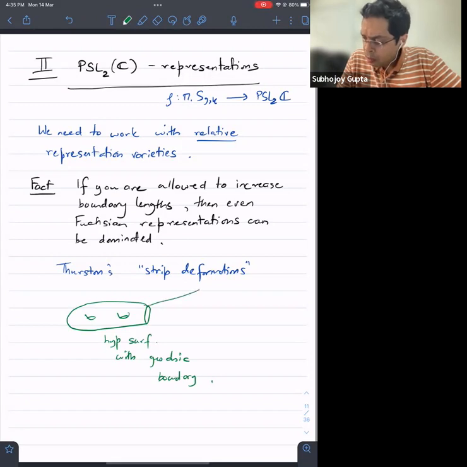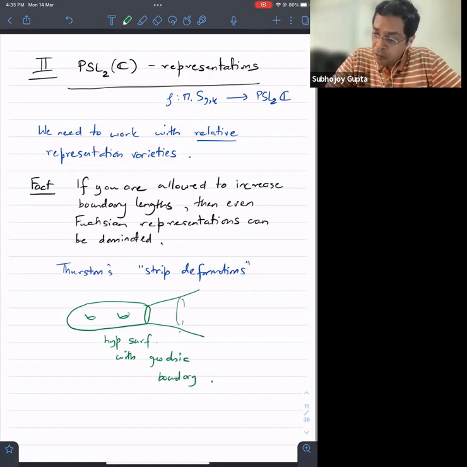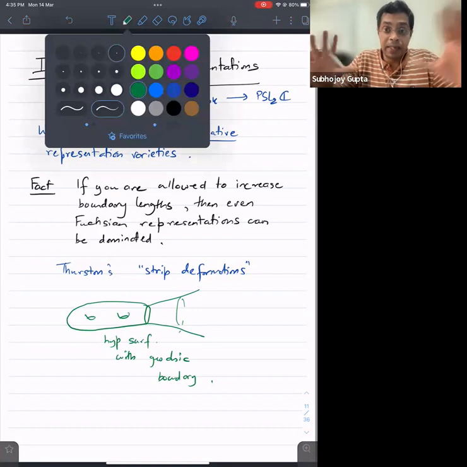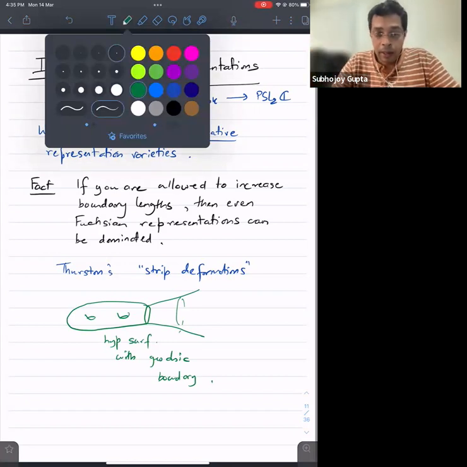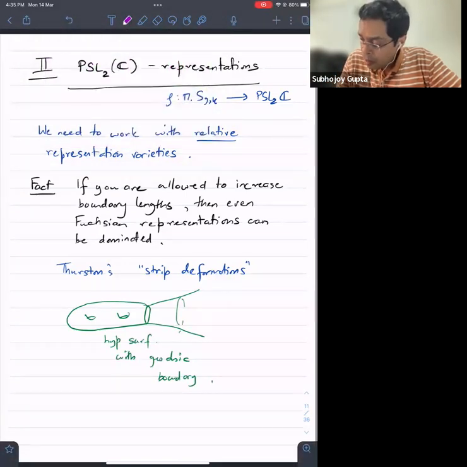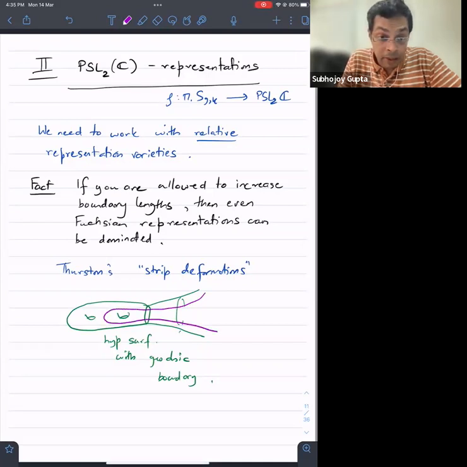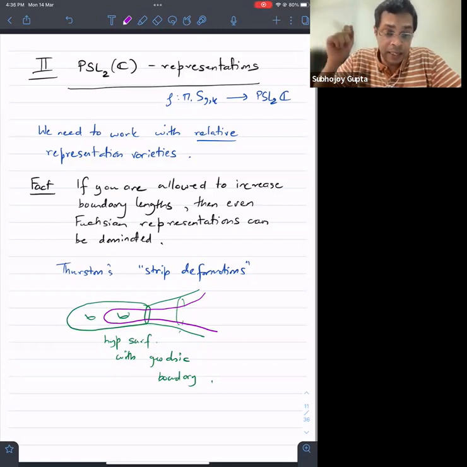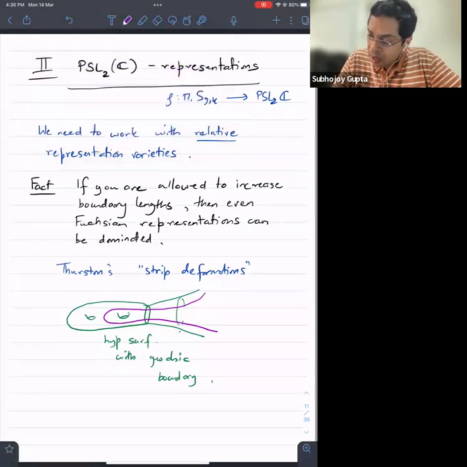You can attach a funnel to this boundary, and so now it becomes a complete hyperbolic surface, although of infinite volume, infinite area here. A strip deformation is something where you take an infinite geodesic going out the funnel, and you insert a strip.